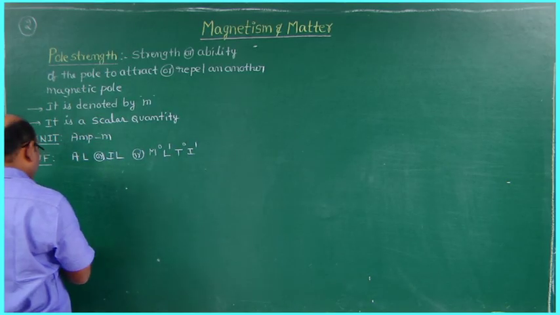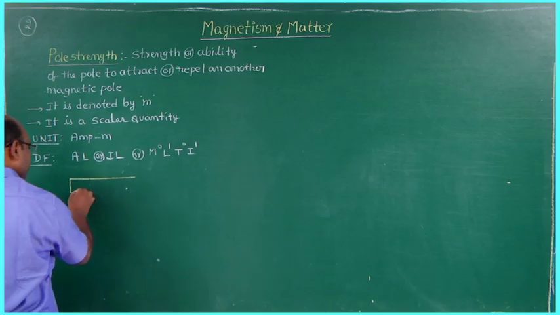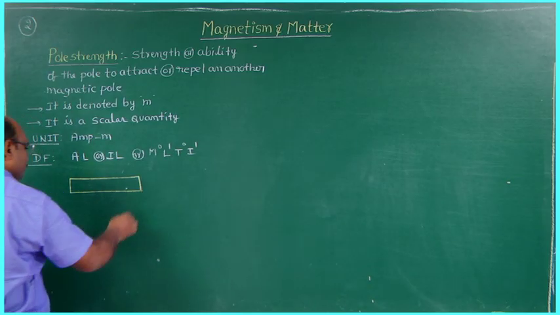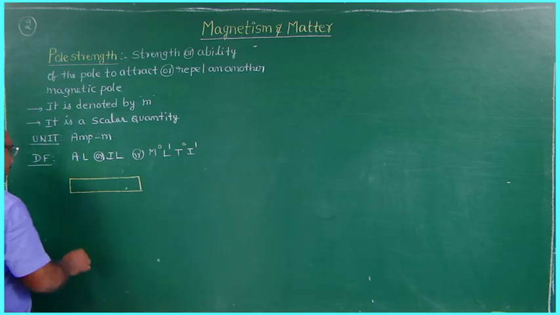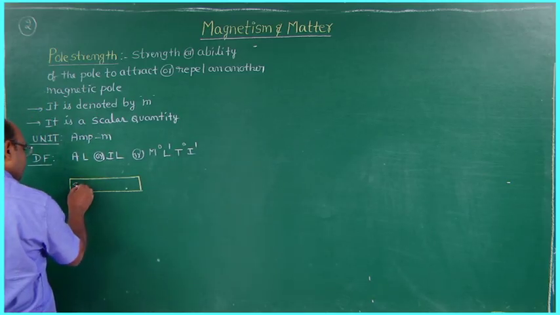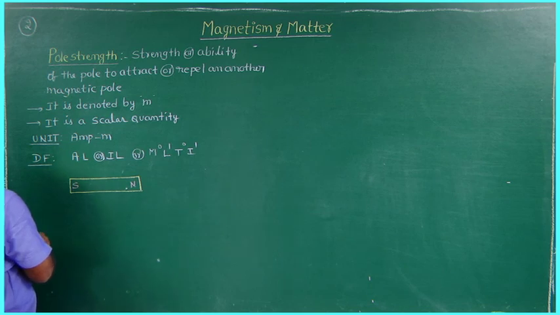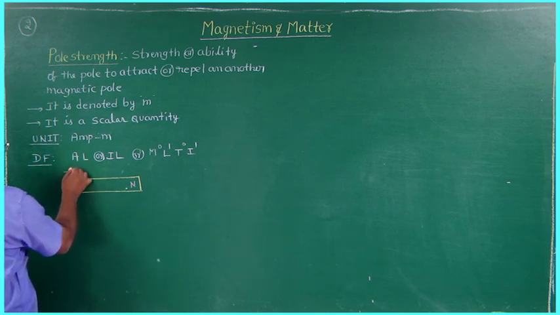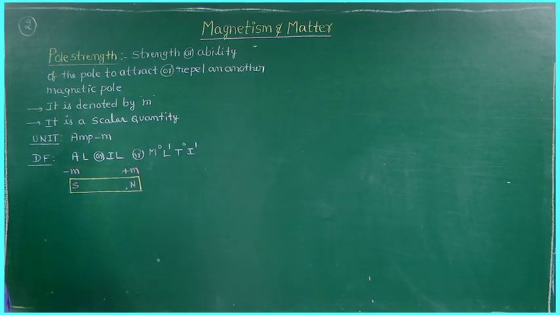Suppose you take a bar magnet. In yesterday's class I clearly explained about the bar magnet. It is a commonly used form of artificial magnet. This is a bar magnet with the south and the north poles. Generally, the pole strength for the south pole is negative and for the north pole is positive. Keep those lines in mind.